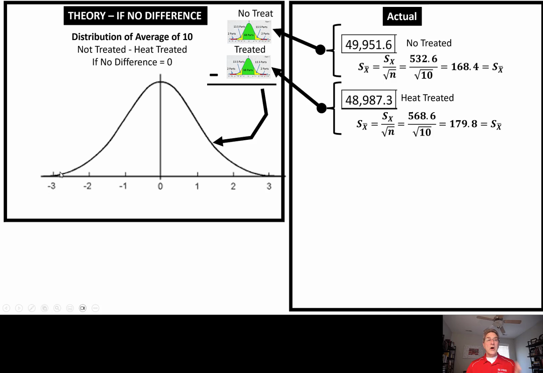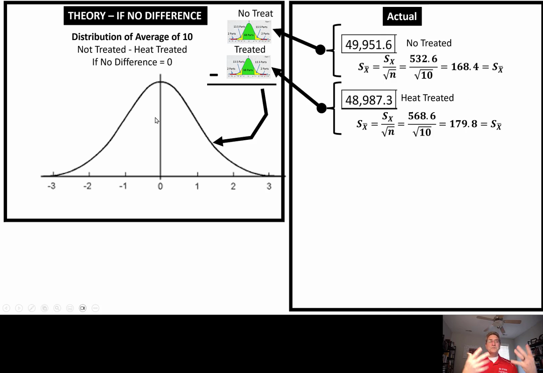Yes. So this is the distribution of the difference. So this is the distribution of average 1 minus average 2, or average 2 minus average 1, whichever way you want to say it. But this is the distribution of the averages. So here's my no heat treated, here's my heat treated, there's the standard deviations.